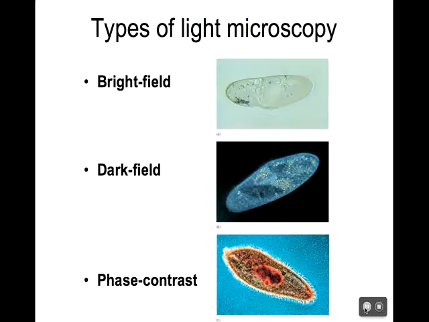So in other words, light that comes up from the bottom through your slide, if it passes straight into the scope, is blocked by the stop condenser. Light that hits your specimen and bounces off of it is picked up by the scope. So you wind up seeing a light specimen on a dark background.